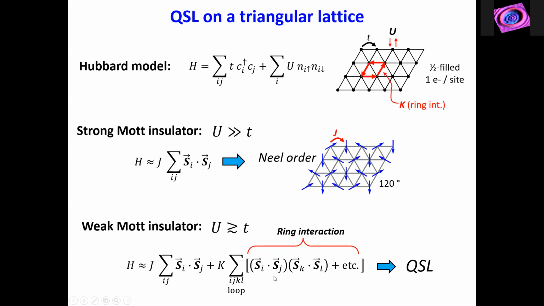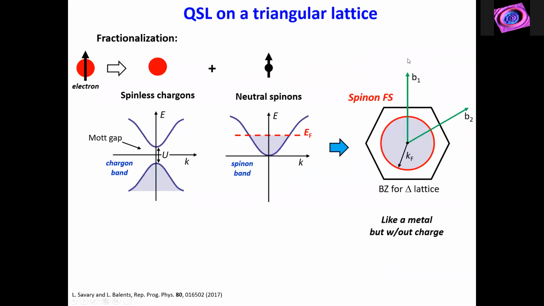These ring interactions are not very intuitive to me, at least, but if the gap gets smaller, you can think of them as terms in a perturbation expansion. People have thought about quantum spin liquids on a triangular lattice, and one of the predictions is that you get the charge fractionalization that I mentioned before. You have spinless chargeons and neutral spinons.